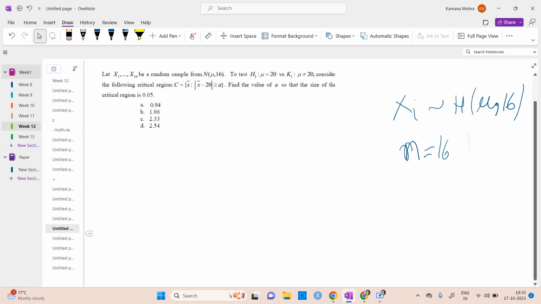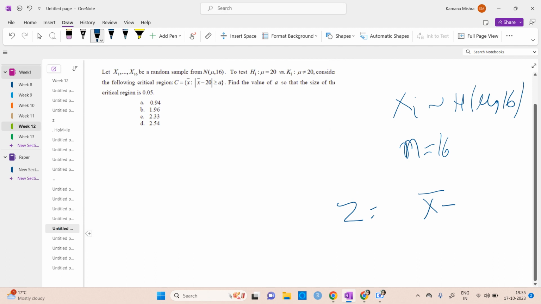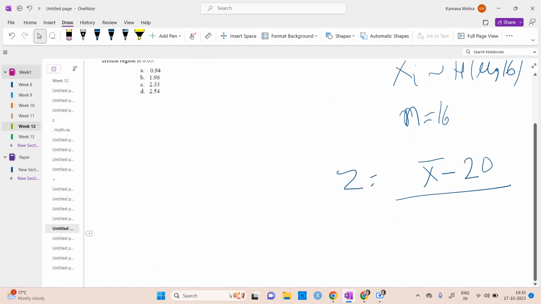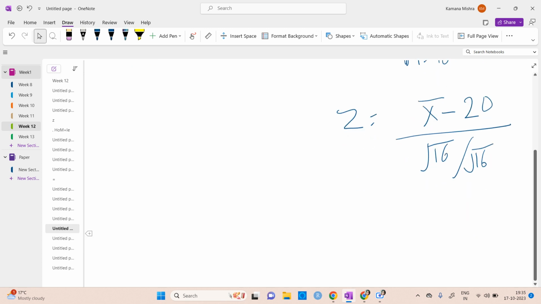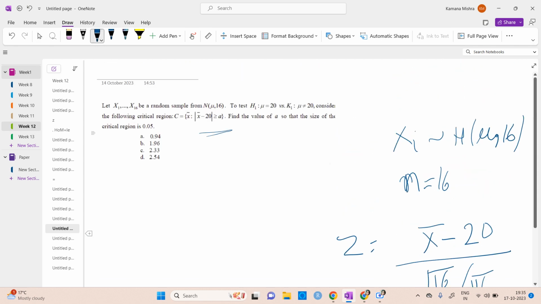So z here would be x bar minus mu, which is 20, divided by root 16. This is sigma divided by root n. So z is nothing but x bar minus 20 over that. Now you can see this is the rejection region only.